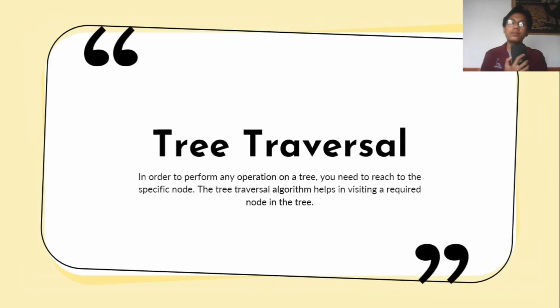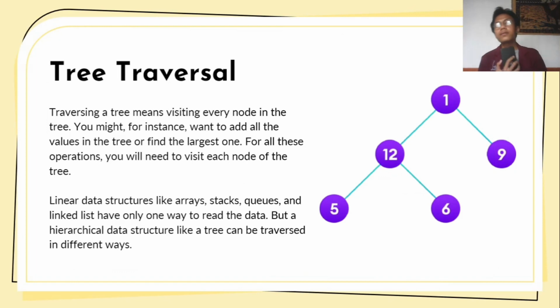Okay, a tree also has tree traversal. In order to perform any operation on a tree, you need to reach the specific node. The tree traversal algorithm helps in visiting a required node in the tree. Traversing a tree means visiting every node in the tree. You might, for instance, want to add all the values in the tree or find the largest one.